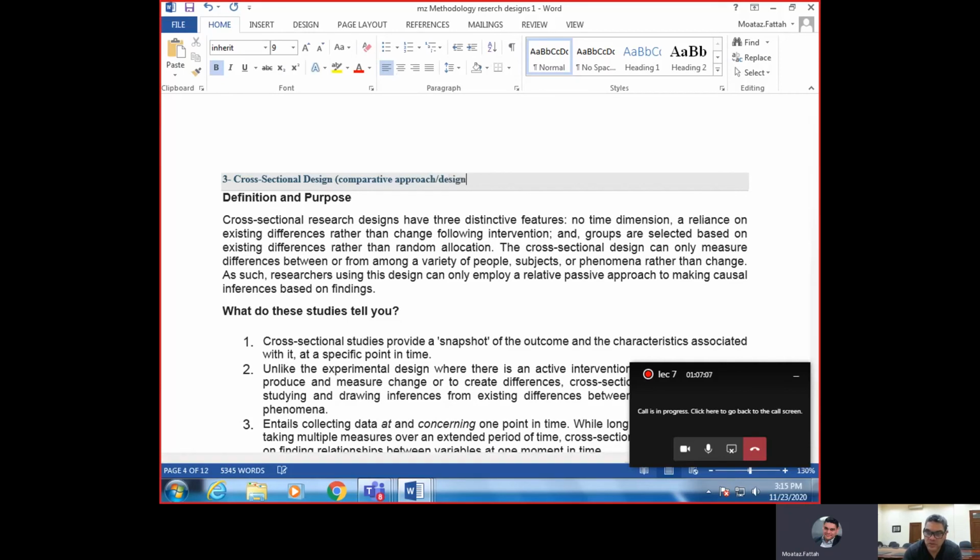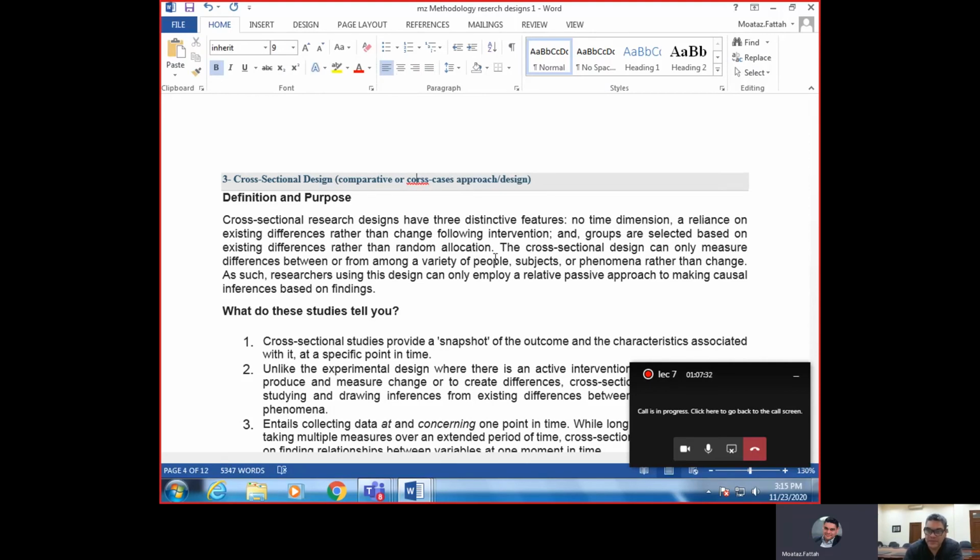So cross-sectional design or cross-cases design, comparative approach.